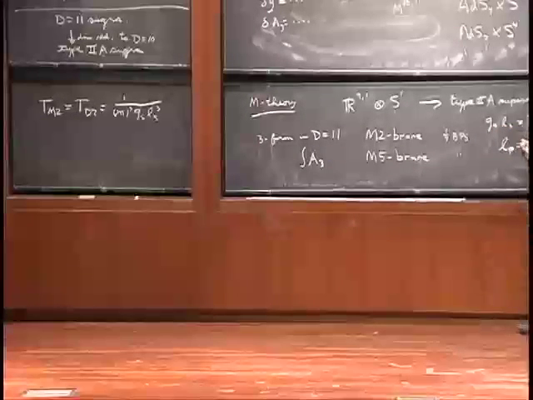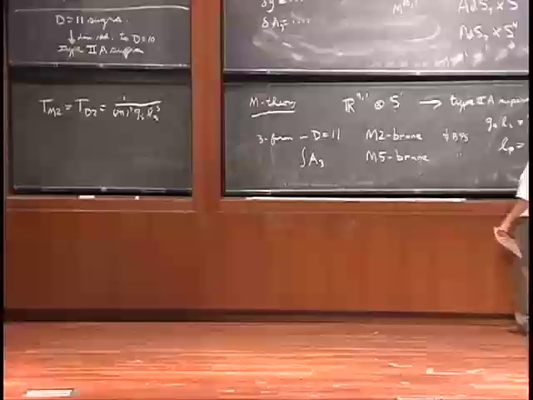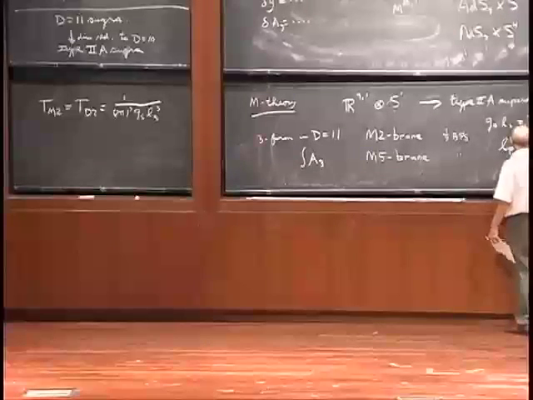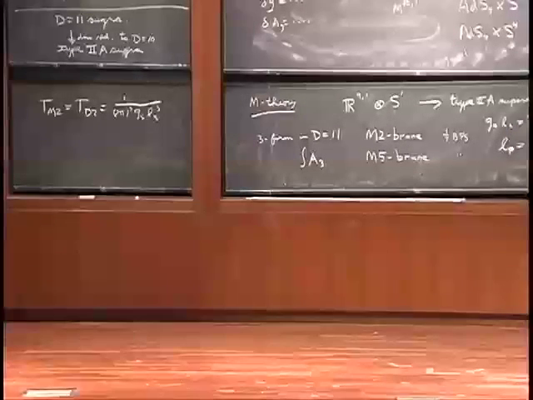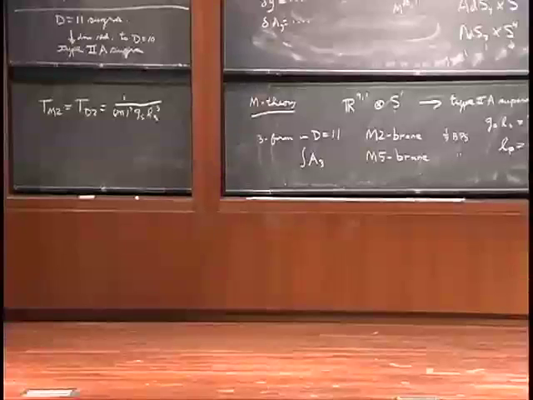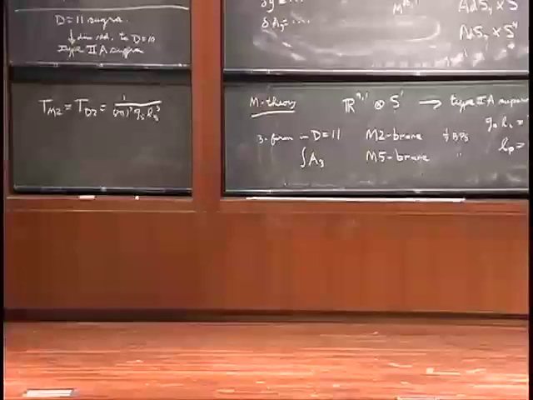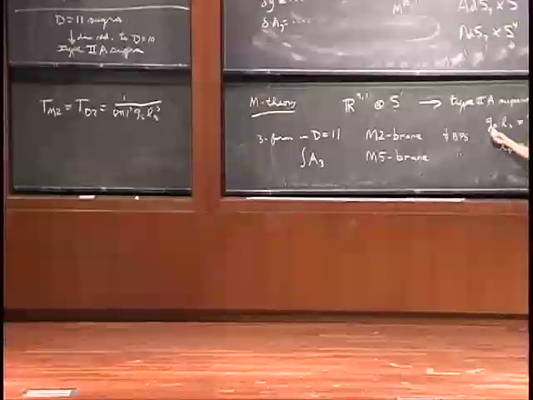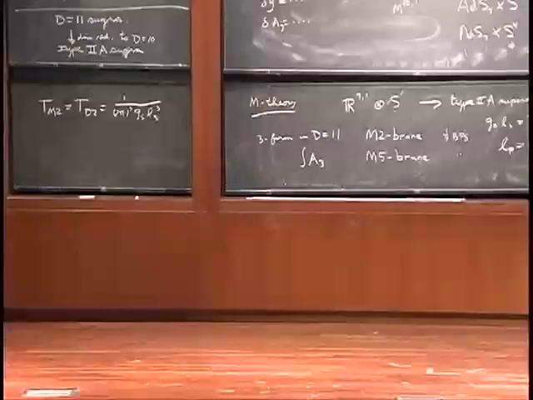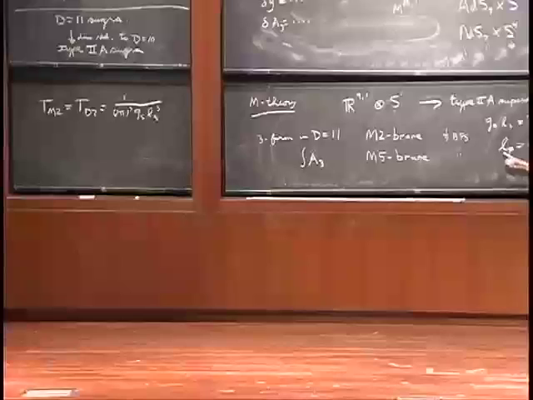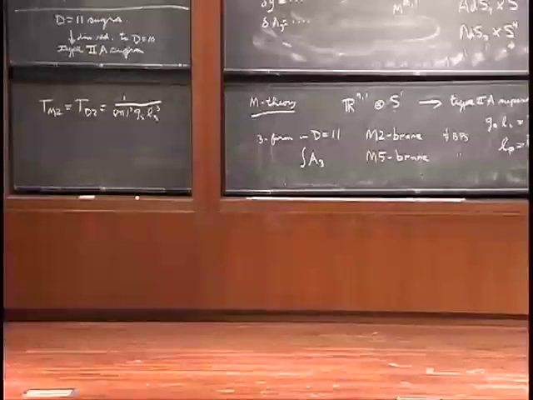I'm doing this from memory and I may have it wrong, but as I remember, the coefficient is G string to the 1/3. So these two relations relate the two parameters of type 2A, which are the string coupling and the string length scale, to the two parameters of M theory, which are the 11-dimensional Planck length and the radius of the circle.